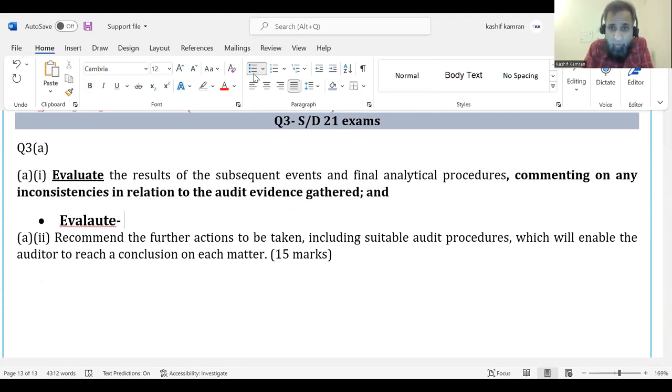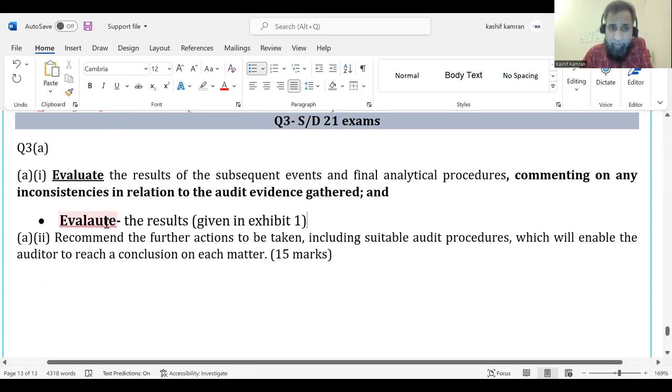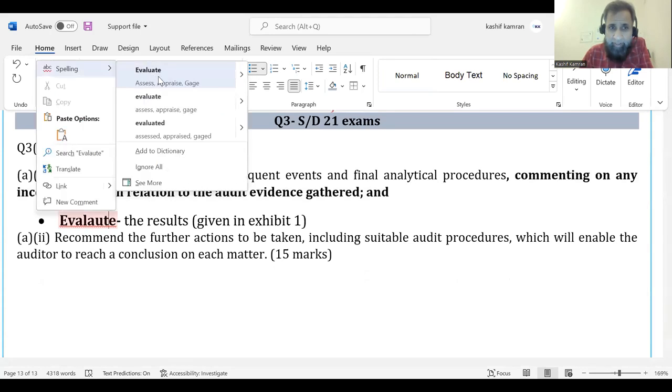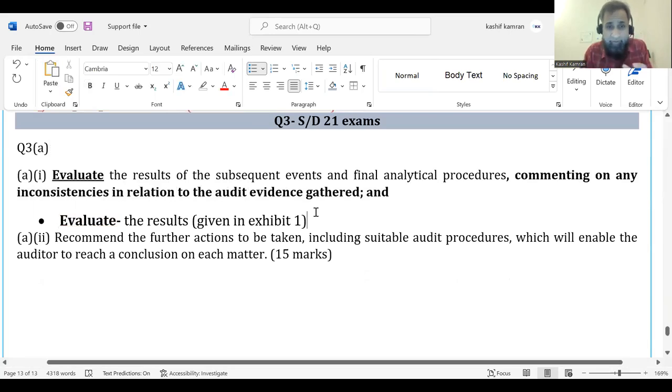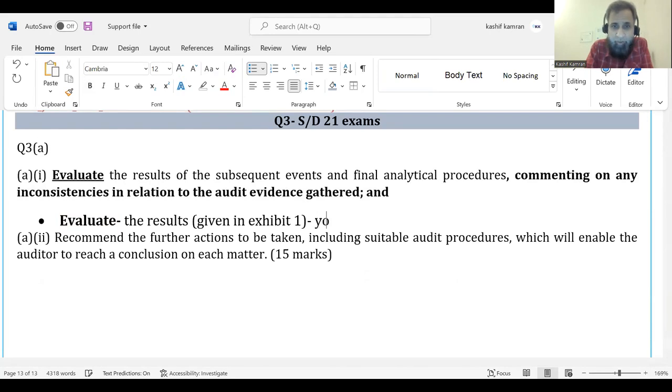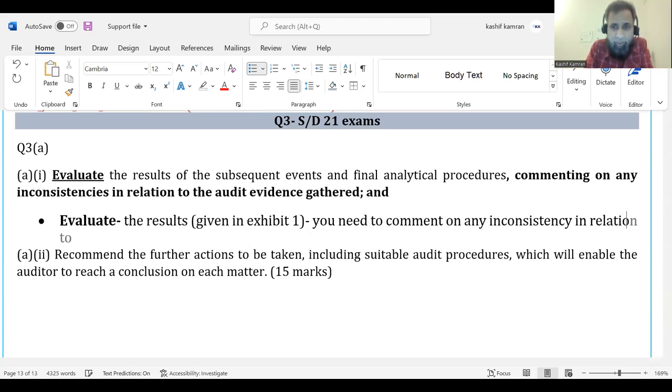You need to evaluate the results given in exhibit 1, the results of subsequent events and the results of the analytical procedures. But when you are evaluating the results, you need to comment on any inconsistency in relation to the evidence gathered.